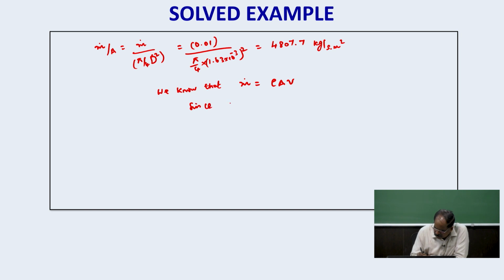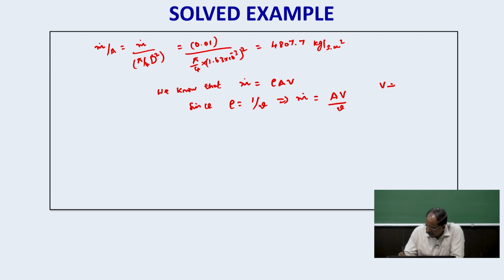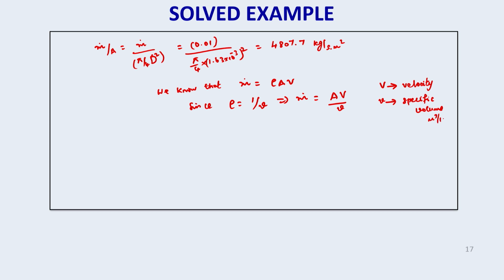Since density is equal to 1 by specific volume, the above equation becomes m dot is equal to area into capital V by specific volume. Capital V is the velocity in meter per second, and small v is the specific volume in meter cube per kg.